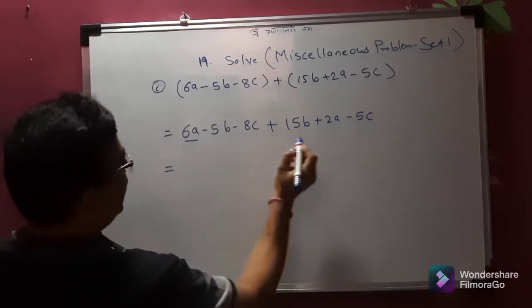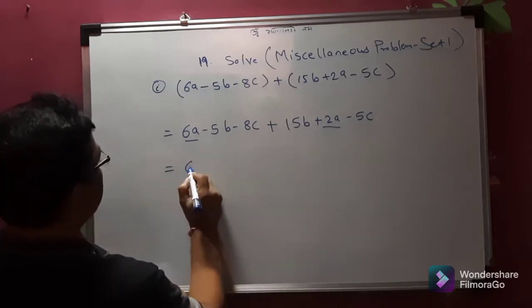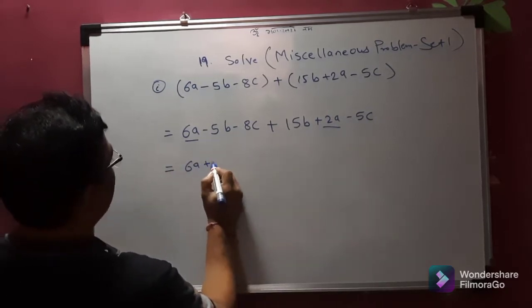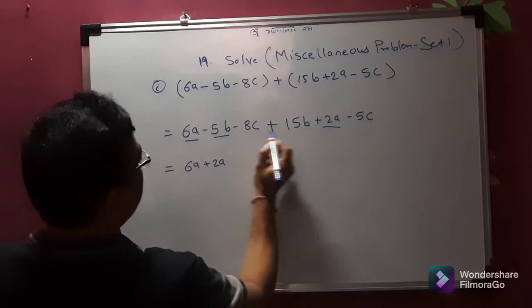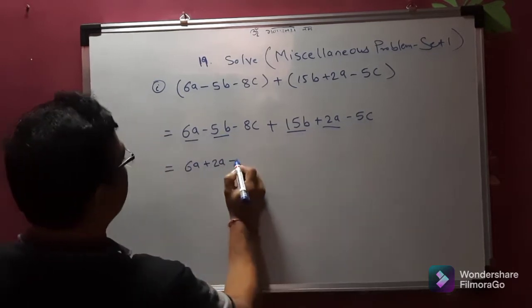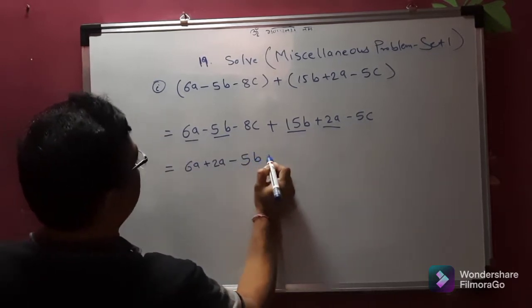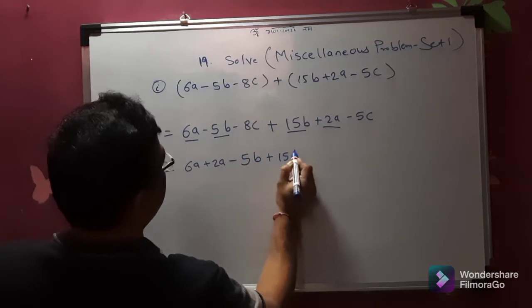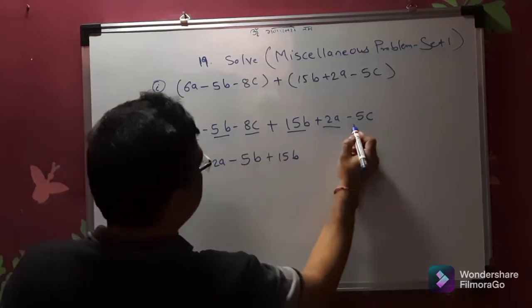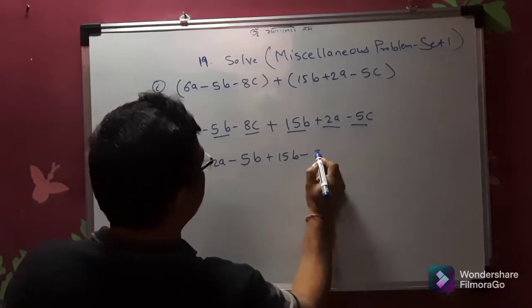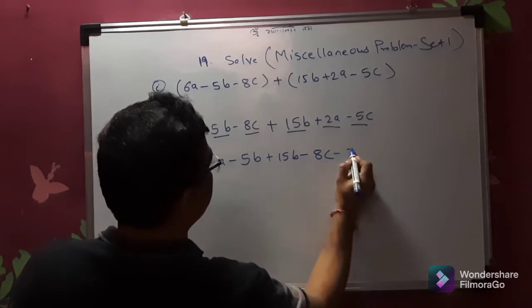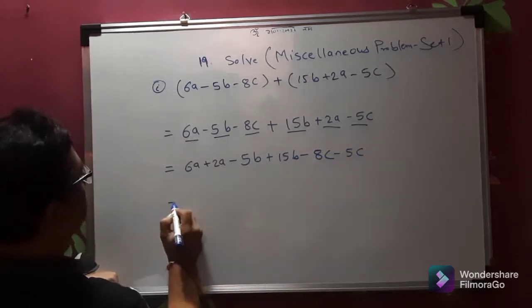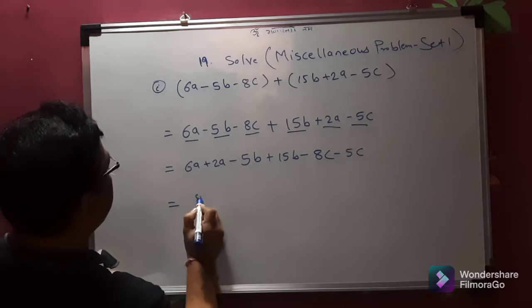So this 6a and plus 2a will come together, 6a plus 2a. Then this minus 5b and 15b will come here, that is minus 5b plus 15b. Then this minus 8c minus 5c will come here. 6 plus 2 is 8a.